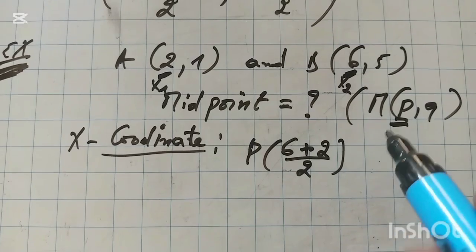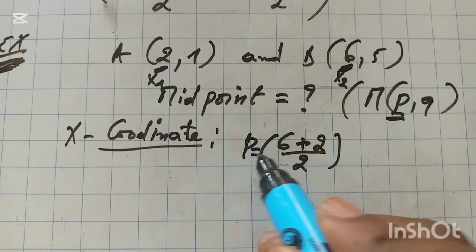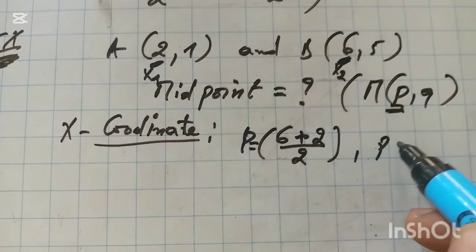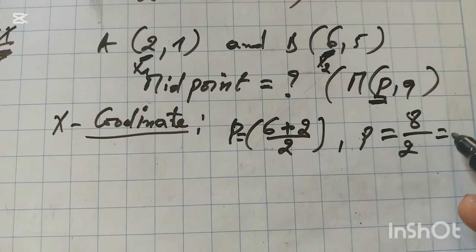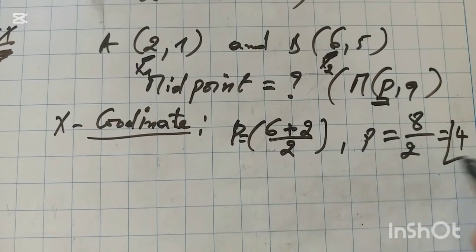So my P will be equal to 8 divided by 2, which is equal to 4.